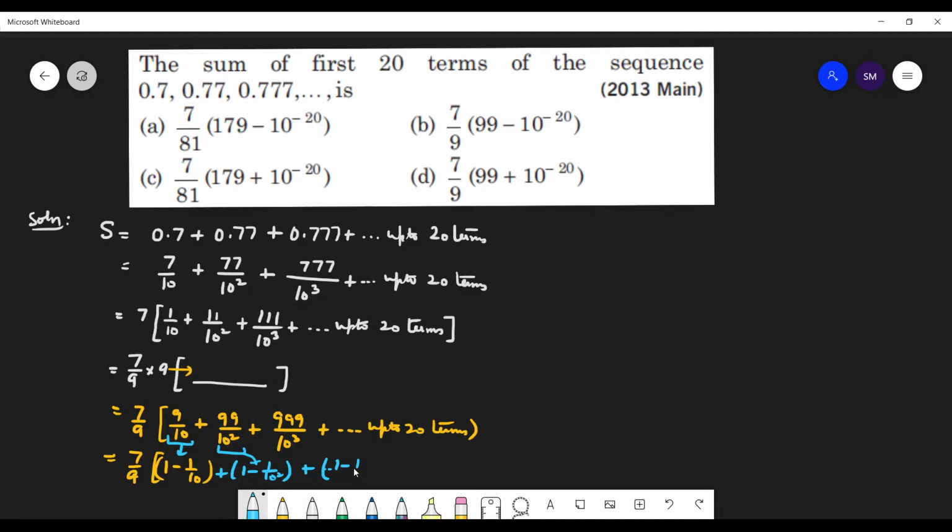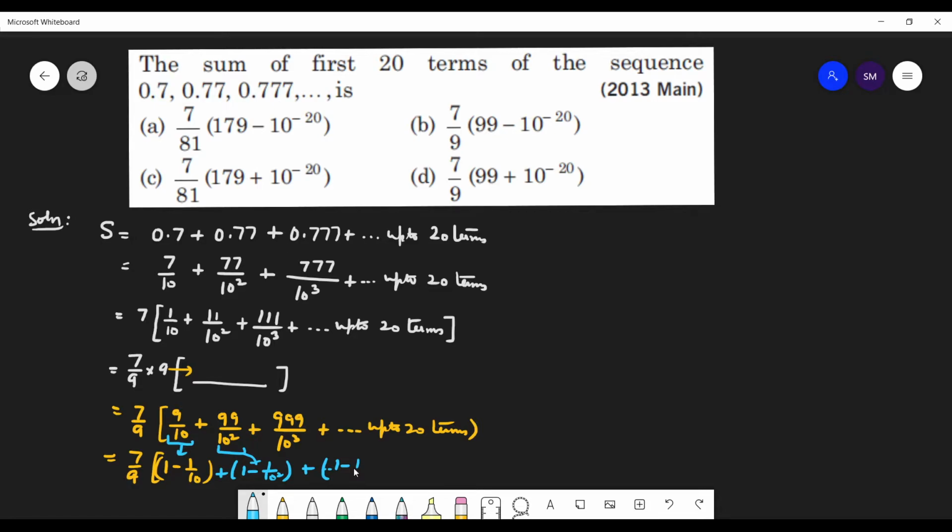So there is 9 in the denominator. Yes, 9 is left, yes. You're right. So we'll have 20 minus 1 by 9 into 1 minus this, and then now it's okay.